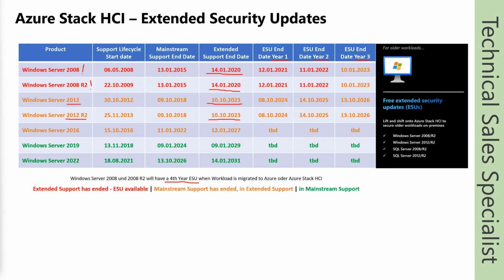You can add software assurance to an OEM license. And then you will have these extended security updates for your Windows Server workload on Azure Stack HCI. It's a great addition to have this extension here.